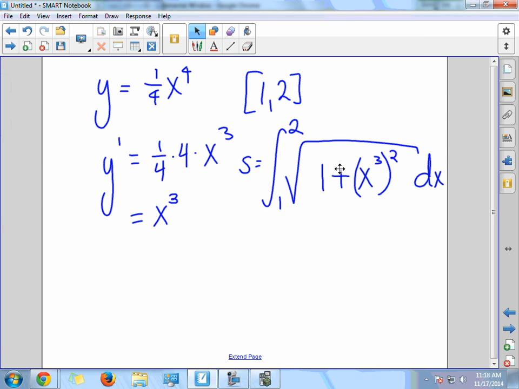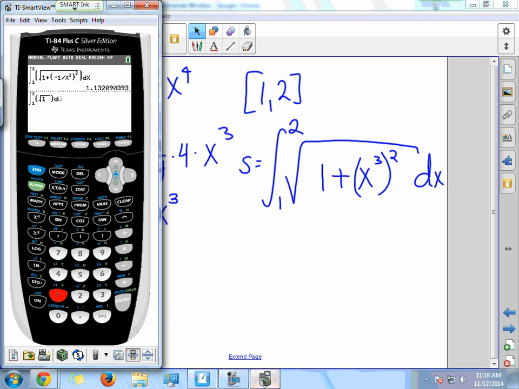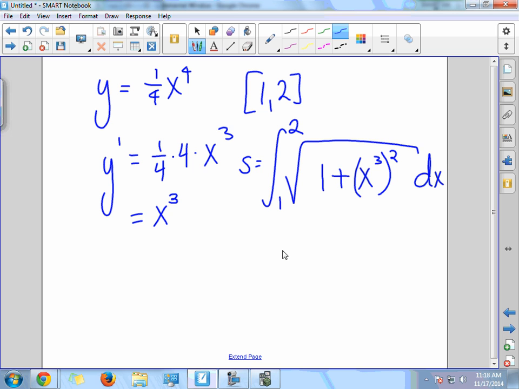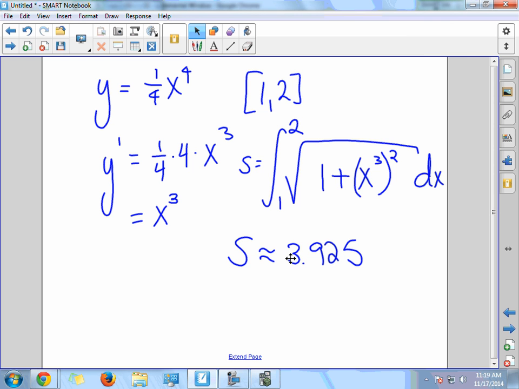So then this would be 1 plus x cubed, all squared, or you could do x to the 6th. And so this length is approximately 3.925. So then I would say S is approximately 3.925.